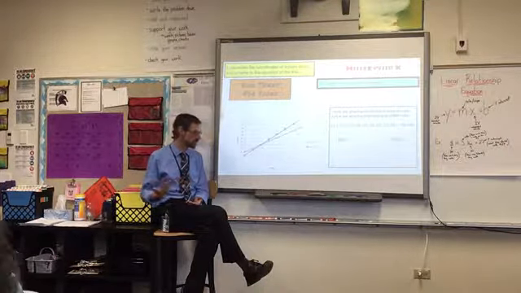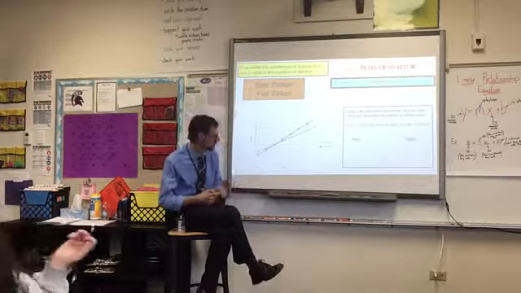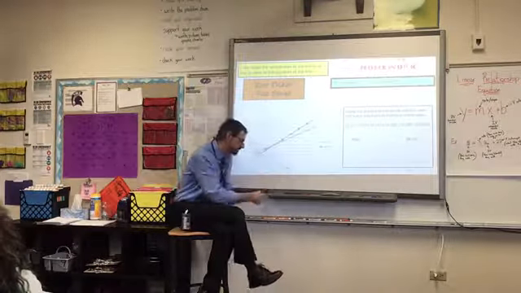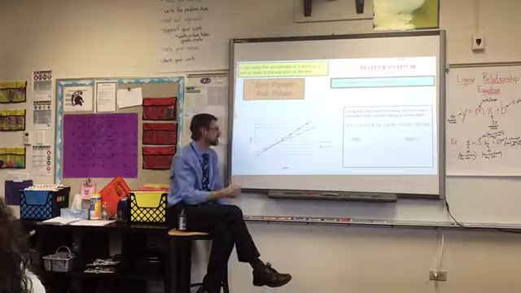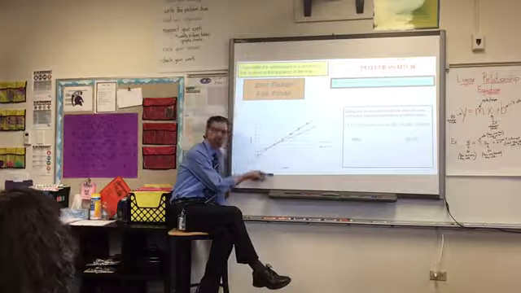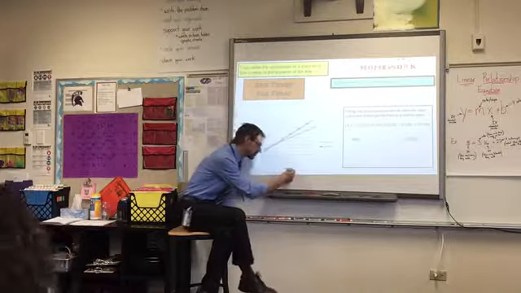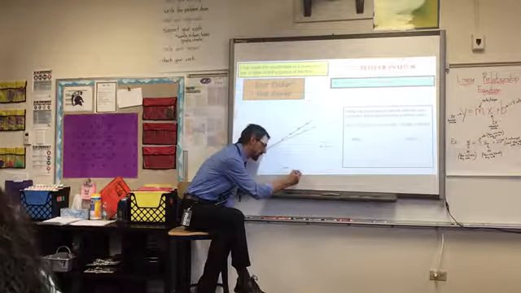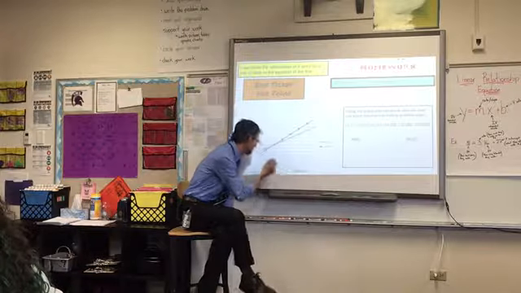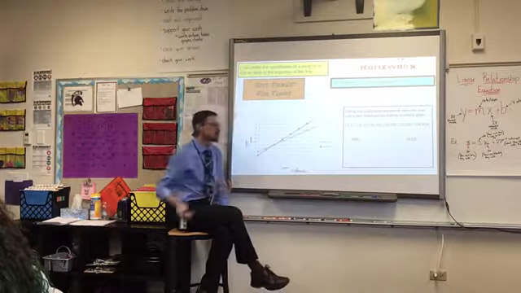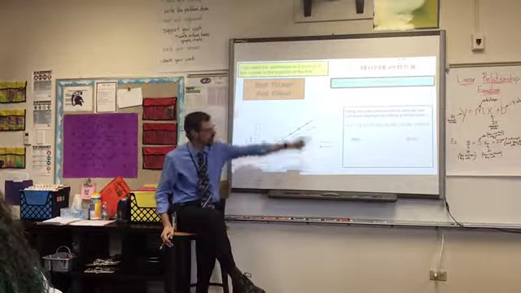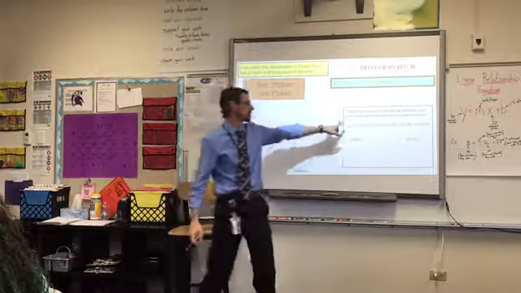So, if you guys could look over here. These axes aren't labeled. It's just X and Y. So I'm just going to label this distance. And I'm going to label this money. So that's your job. Over here I've got all these points.